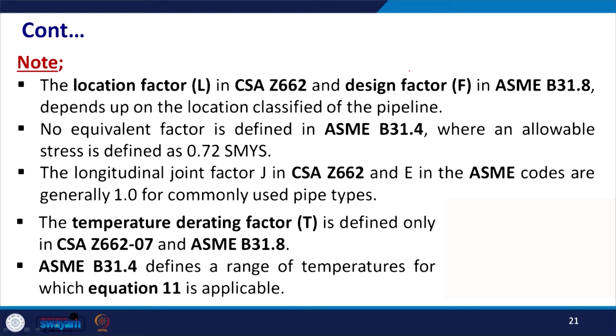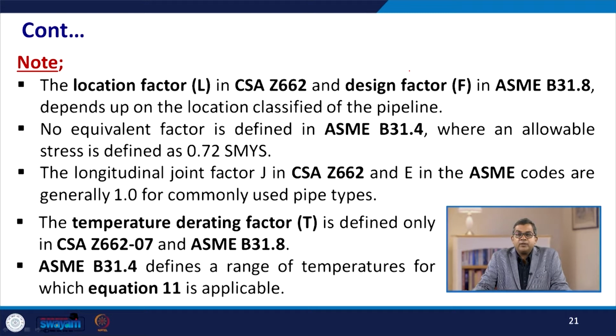Now, the location factor in CSA Z662 and the design factor F in ASME B31.8 depend on the location classification of the pipeline. No equivalent factor is defined in ASME B31.4, where an allowable stress is defined as 0.72 SMYS.